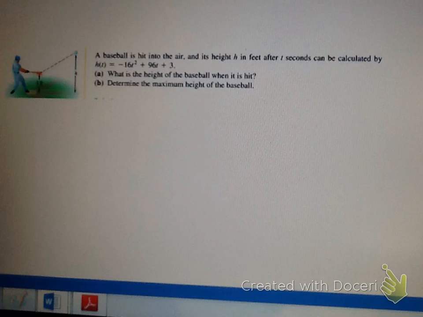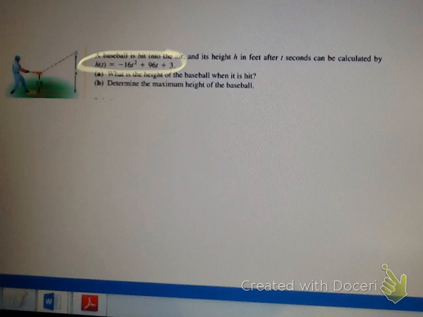There's also a question like this. This is more typical of what you'll see on a test, on the final or whatever test you're taking that would cover algebra. And it's more realistic. They're going to say, like, if this guy hits this baseball 3 feet off the ground, you can figure out how high it is if you know the time in seconds that it left the bat. And so this formula right here, they'll give you.